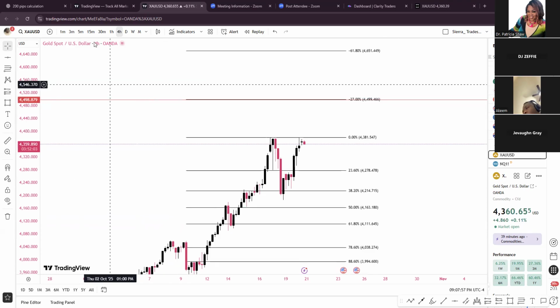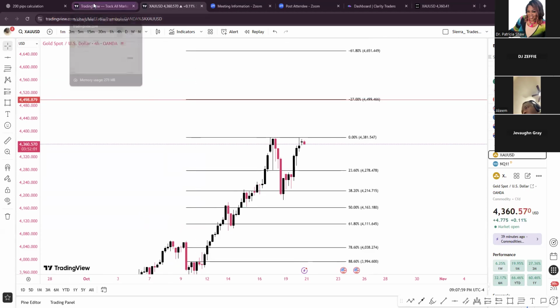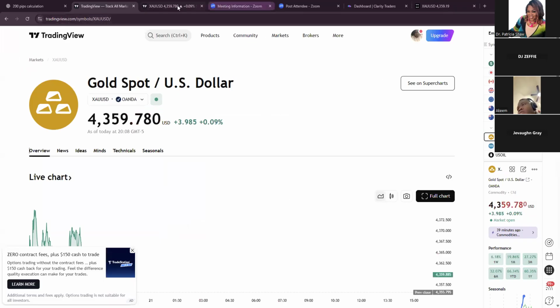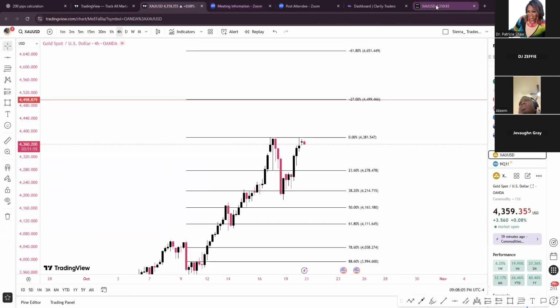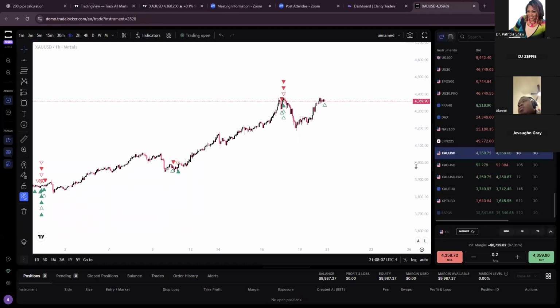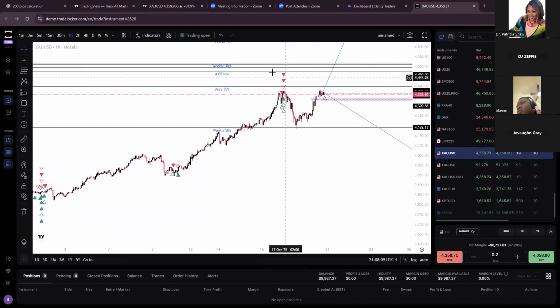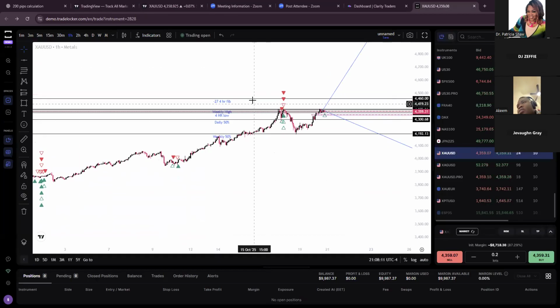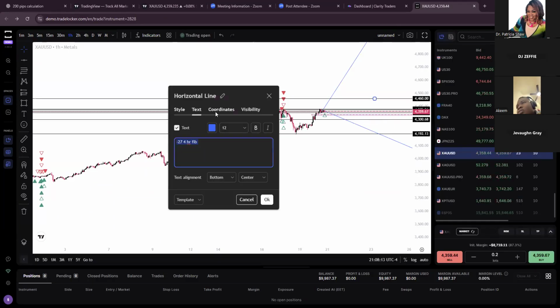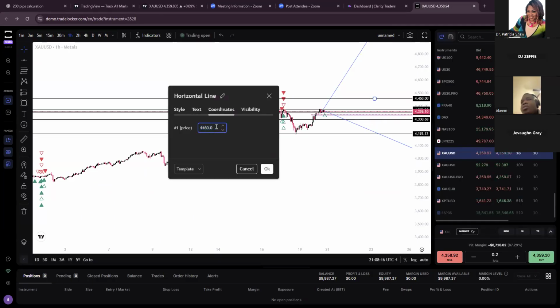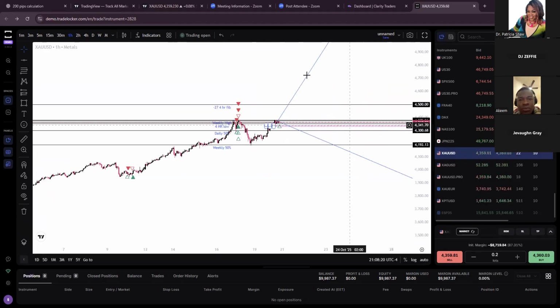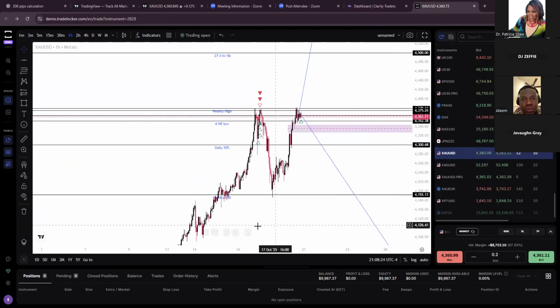So we can put it at 4,500, and that should be our next TP area.